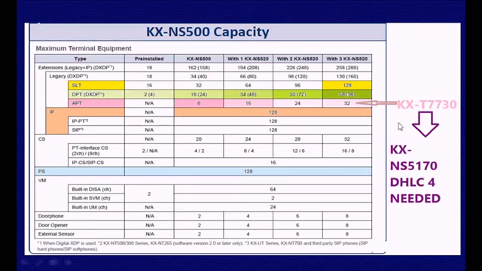But please notice that the 7730 will only be used when we install this DHLC card. This card is always needed if you want to use the analog proprietary telephone 7730.